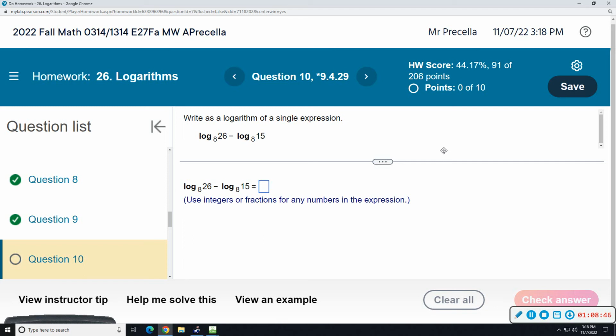We're condensing the logarithms, going from 2 logarithms down to 1. Another way you might see it written is the instructions say write it as a single logarithm. That's your condensing. Now there's no exponents in this. How do I know? Well, the exponents are numbers in front of the letter L, like up here.